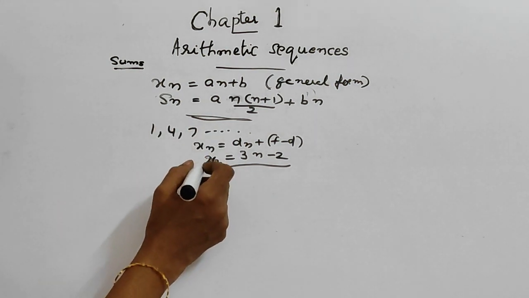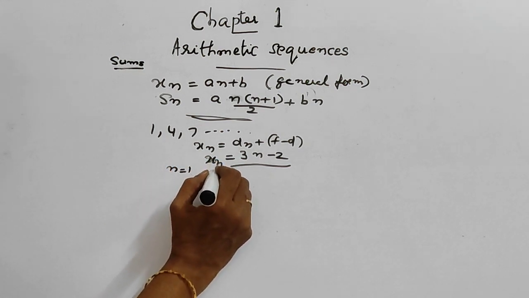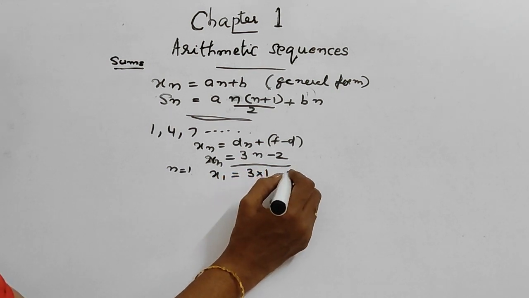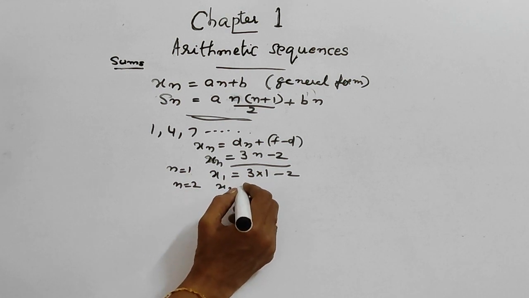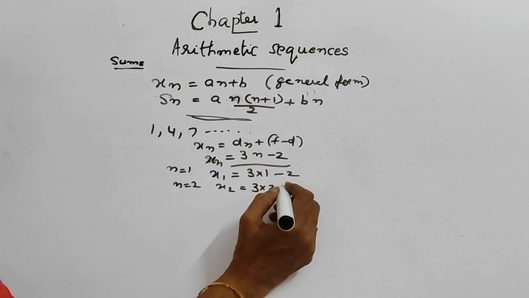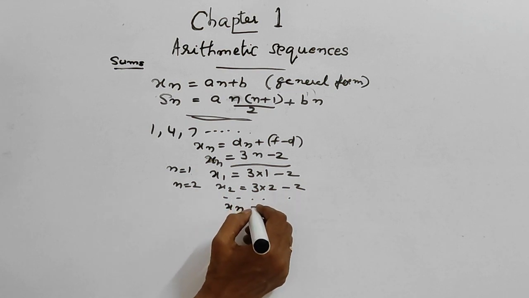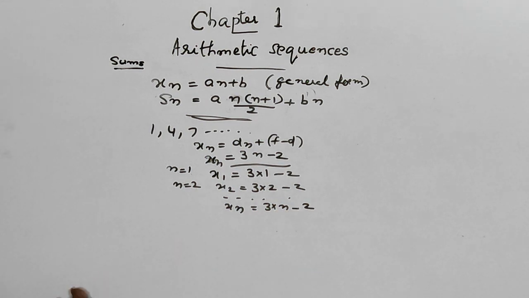Now substituting n is equal to 1, x1 is equal to 3 into 1 minus 2. n is equal to 2, x2 is equal to 3 into 2 minus 2, and so on. xn is equal to 3 into n minus 2.